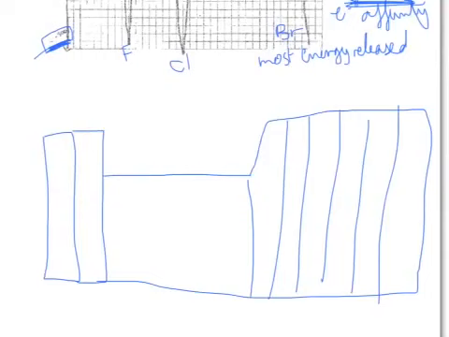So these are your transition metals here. This is group 1, group 2. If you look at group 1, they end with S1. Group 2 ends with S2 in their electron configurations.